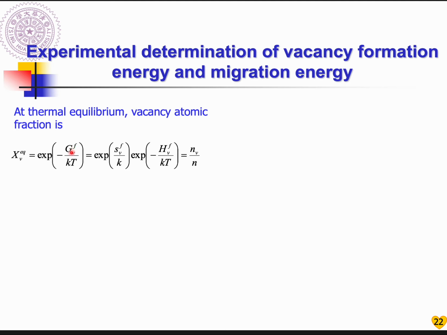So G can separate into H minus TS, so you get this relationship. And XV is the fraction of vacancy, so as long as we can measure the NV, and we also know the N, then you can get the XV, right?